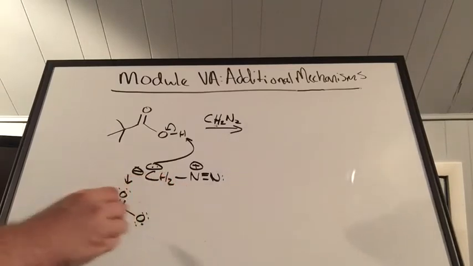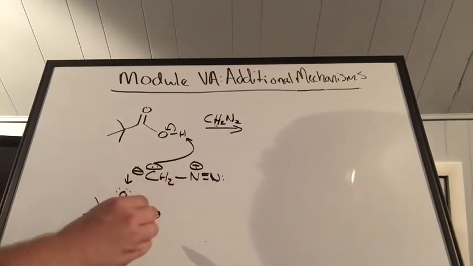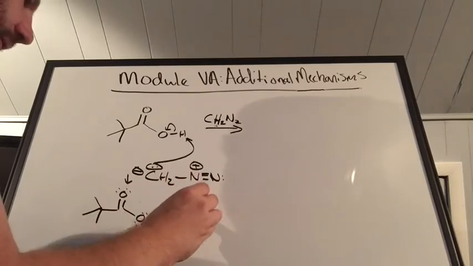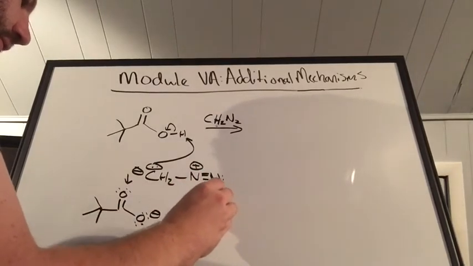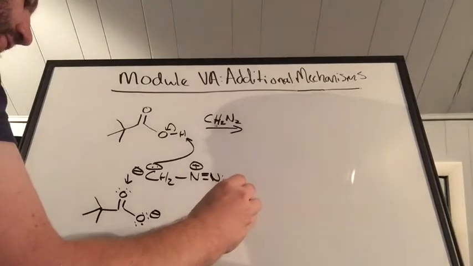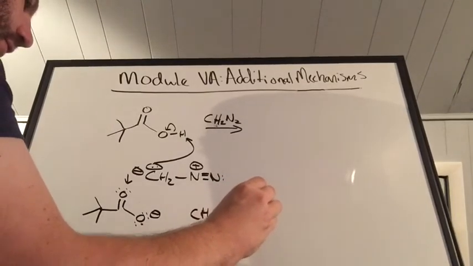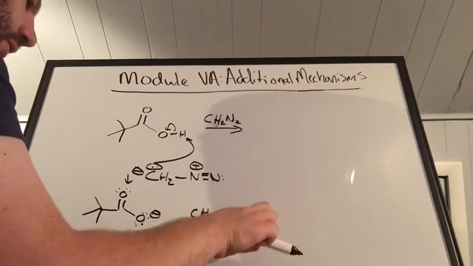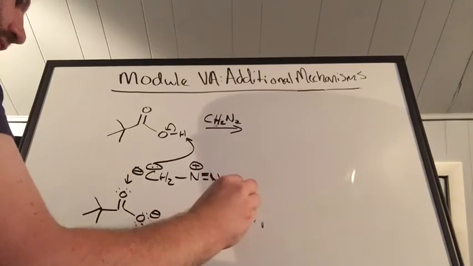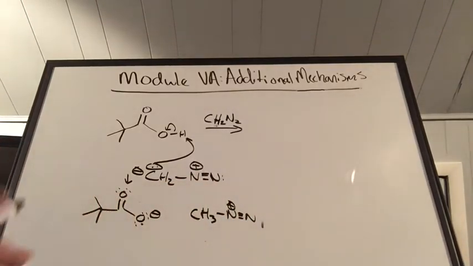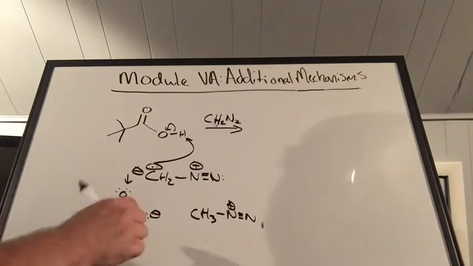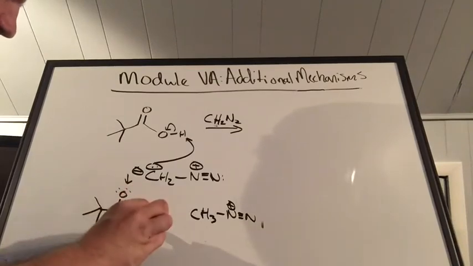So is this going to be the world's best nucleophile? Not particularly, but this is going to be a very strong electrophile. And you may be able to identify why. You have an N2 group as a leaving group. Pretty formidable leaving group, seeing as we have so much of it in the atmosphere already, right?